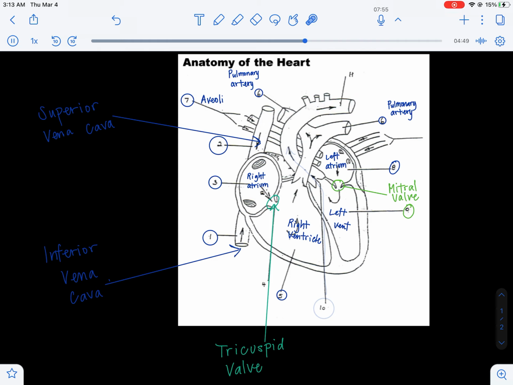And then after number 9 is going to be number 10, which is the aorta. Right here.